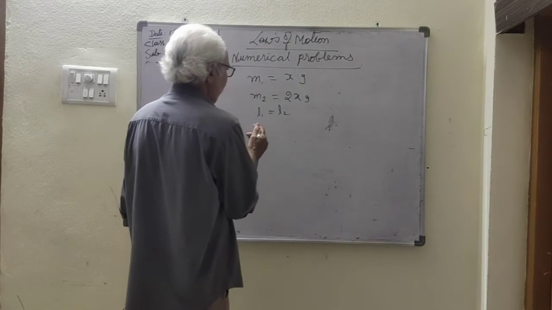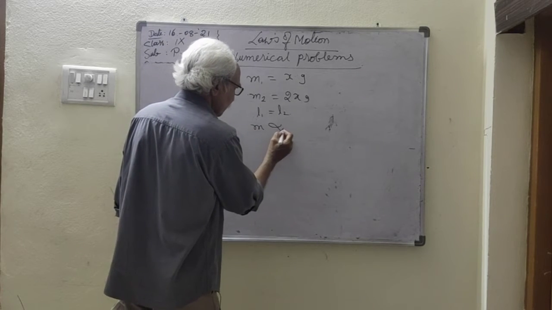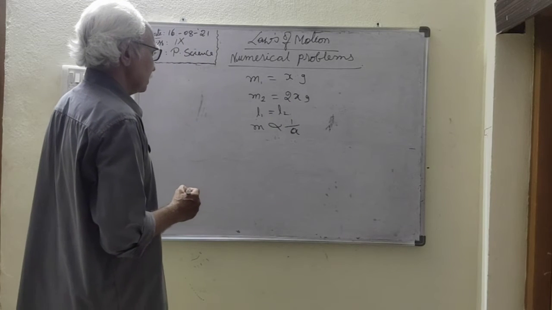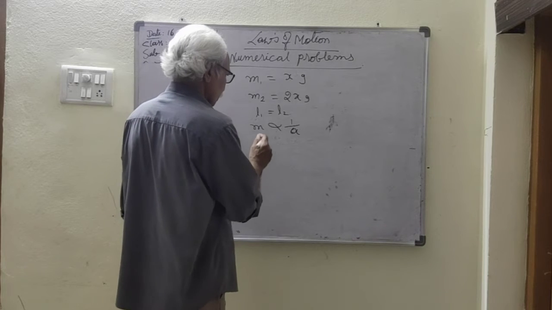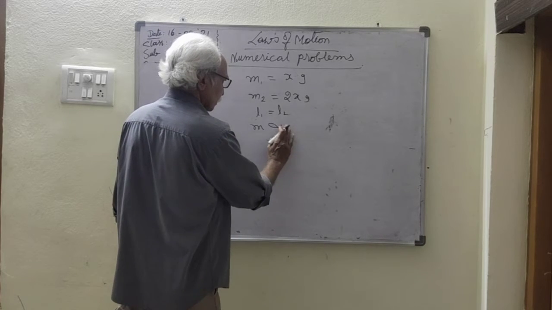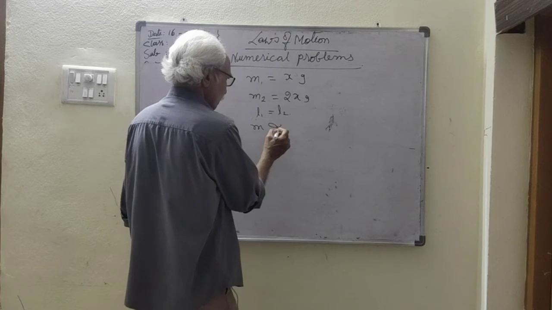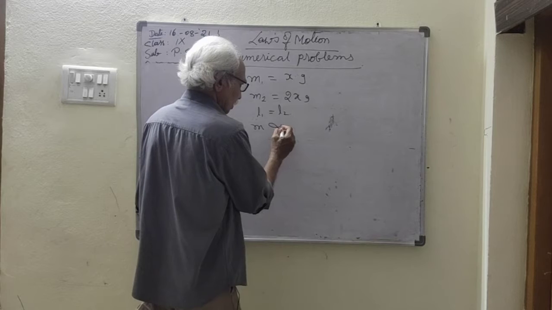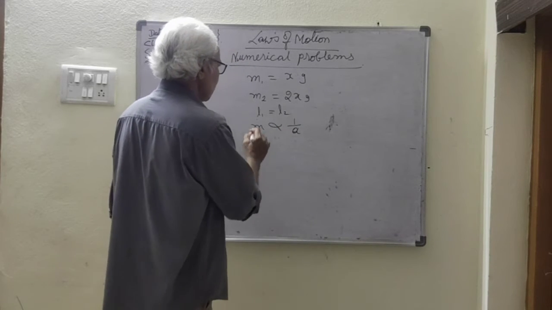So here mass is inversely proportional to acceleration. Mass is inversely proportional to acceleration, which means when the mass is greater, the acceleration is less.